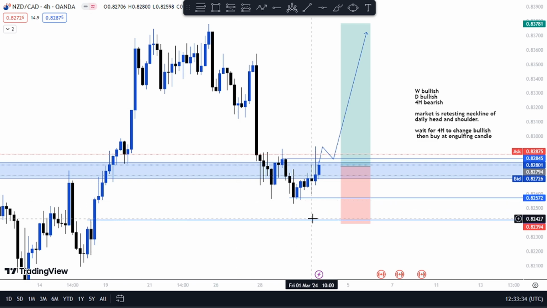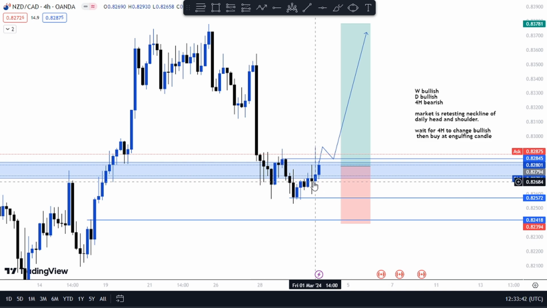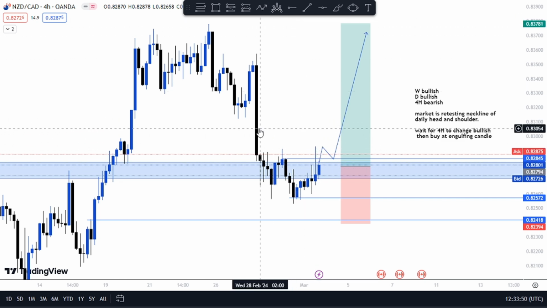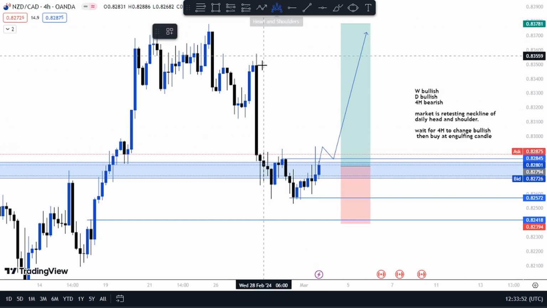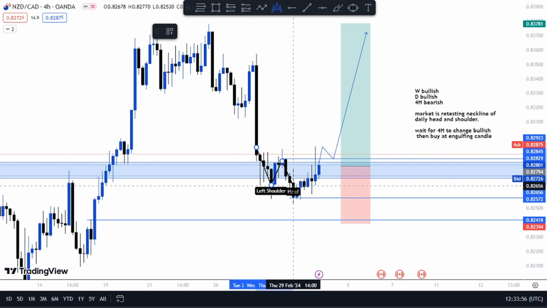As of now, I'm not in this trade. I told you the condition I want to see before I enter the trade. As you can see, the market is forming something like a head and shoulders on the 4 hour. If this one closes above, then you can see that it has formed something nice on the 4 hour as well.